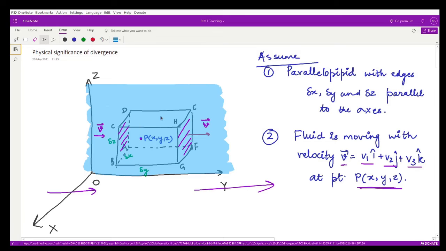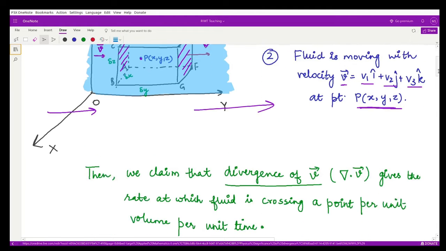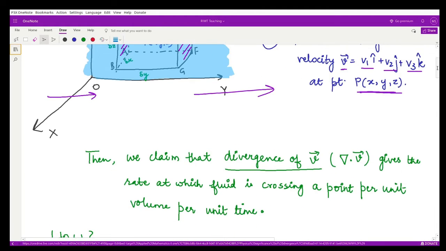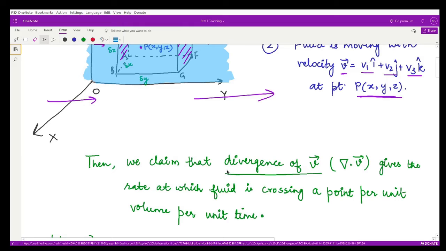Now the thing that we claim here is that divergence of v, where v is the velocity of the fluid, gives you the rate at which fluid is crossing a point per unit volume per unit time.